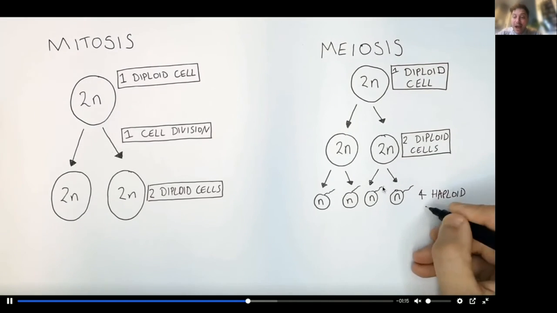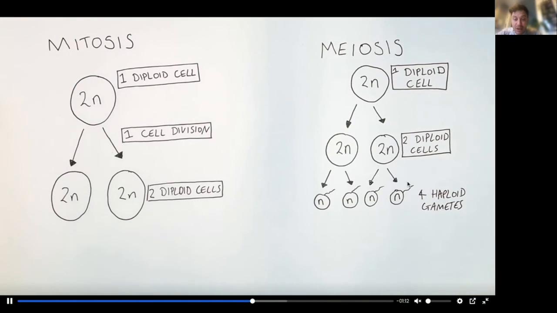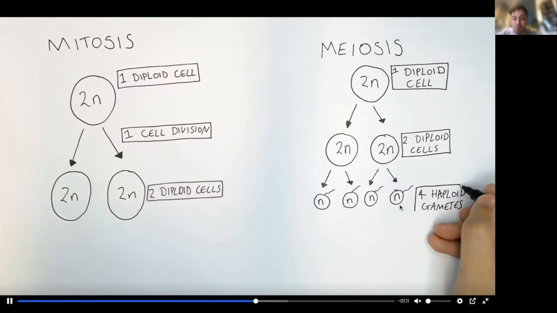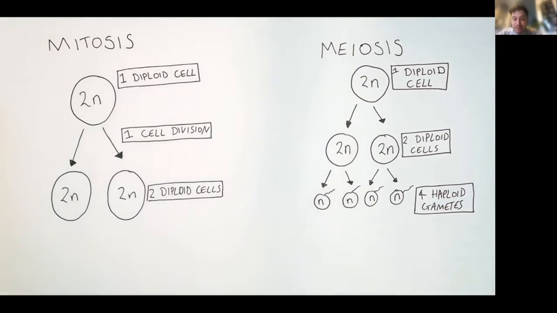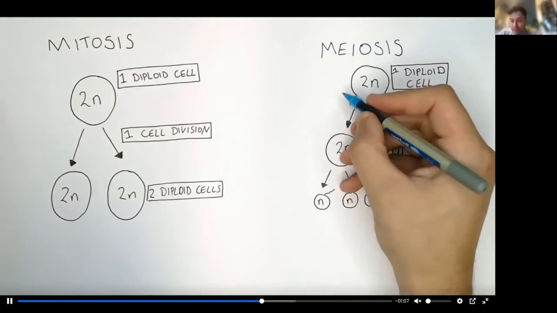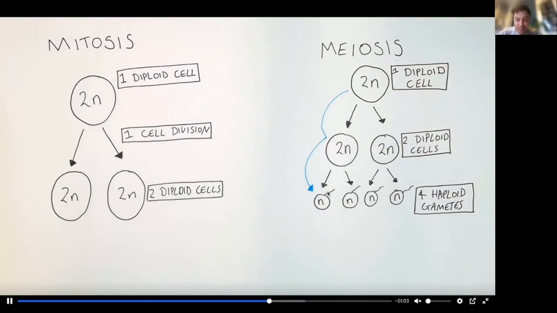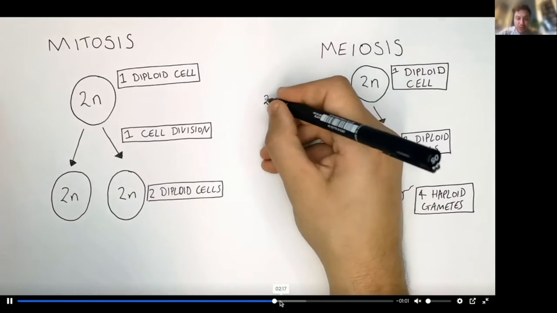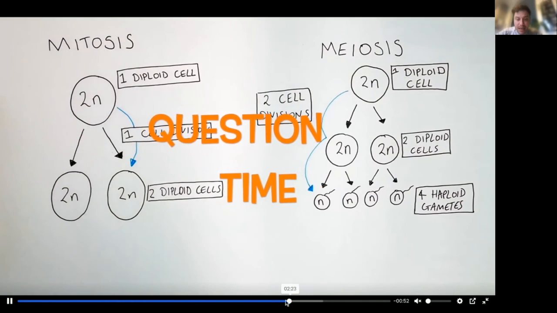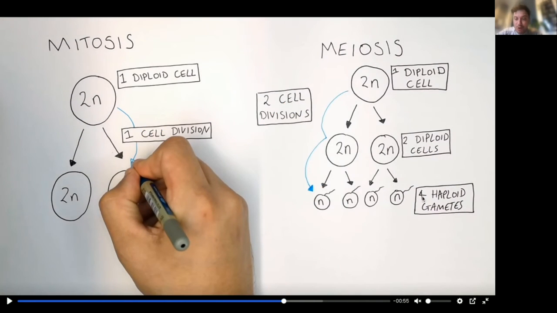So the whole point of meiosis is to form non-identical cells, so you've got 4 haploid gametes. Whereas in mitosis, it's body cells. Mitosis is body cells. Meiosis is gametes. So it divides twice, two cell divisions, and it forms haploid gametes that are non-identical.